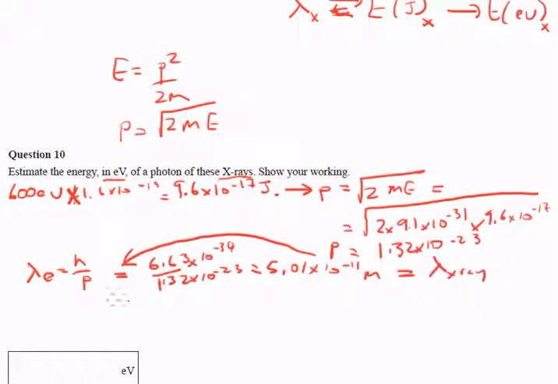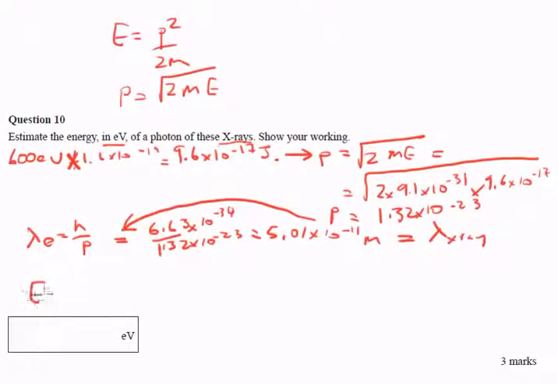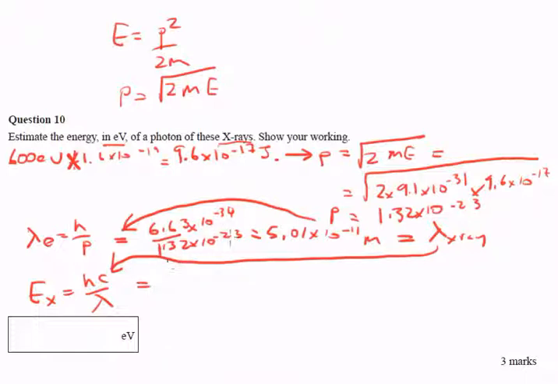Alright, we're getting somewhere. From the wavelength of the X-ray we can work out the energy of the X-ray. Energy of the X-ray equals hc over lambda. Let's divide this up here so they can see this is separate.